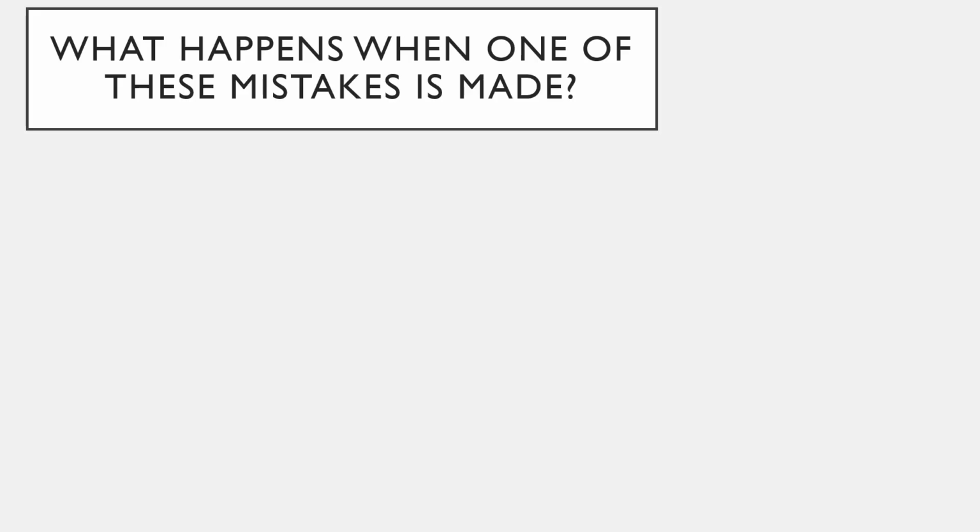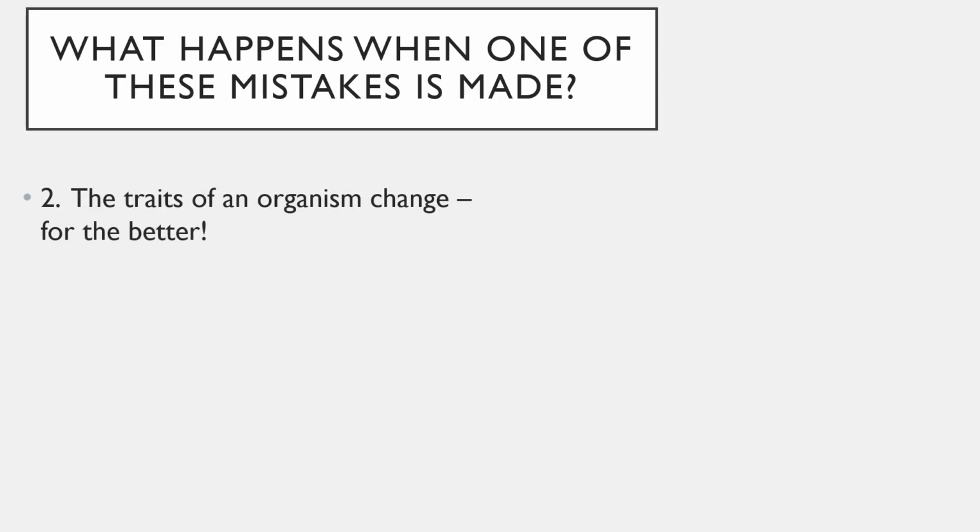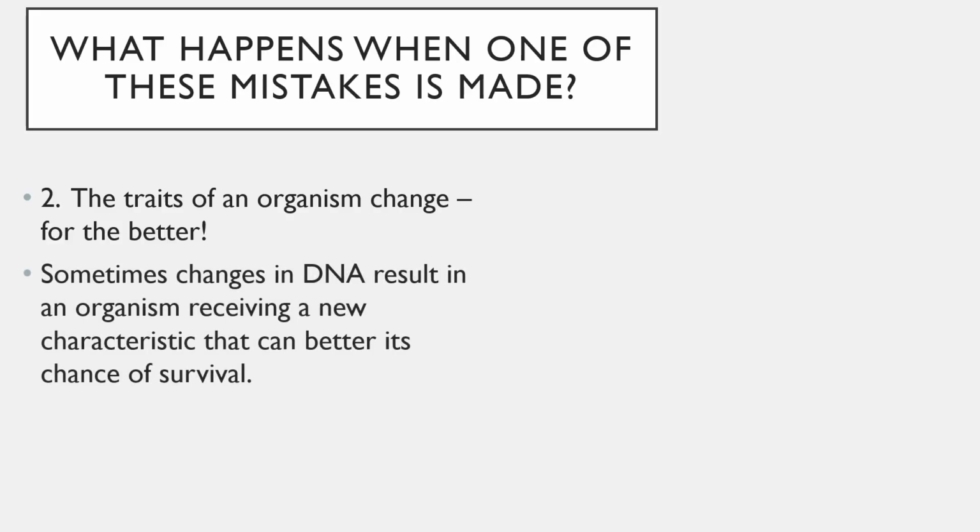Okay, the second thing that can happen when a mistake is made is the traits of an organism change, and it actually makes the organism better. So there is a mutation that is going to allow the organism to do better in its environment, wherever it lives. Sometimes these changes in DNA result in them receiving a new characteristic.